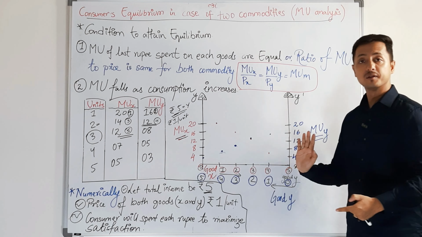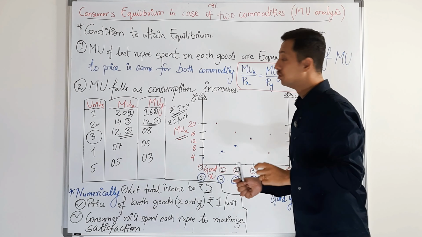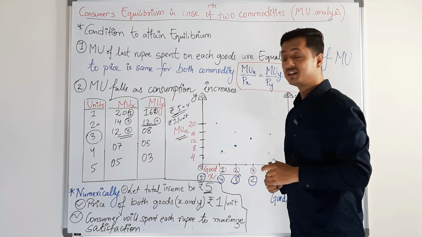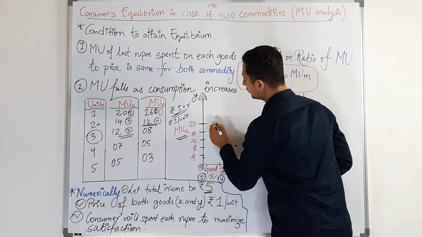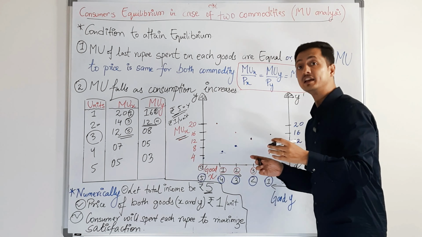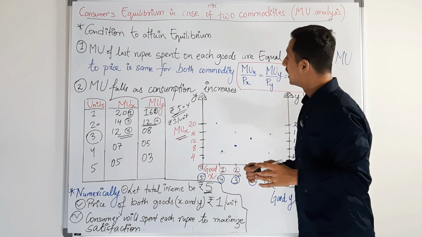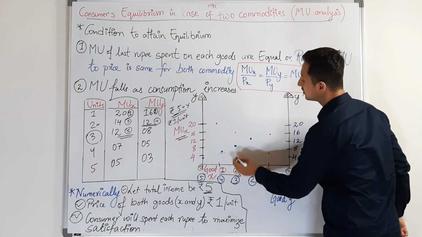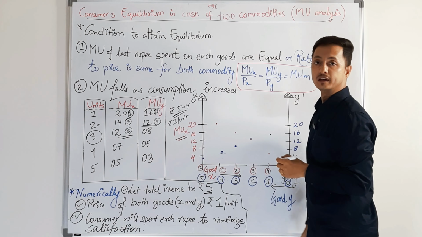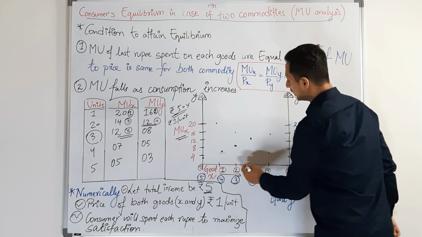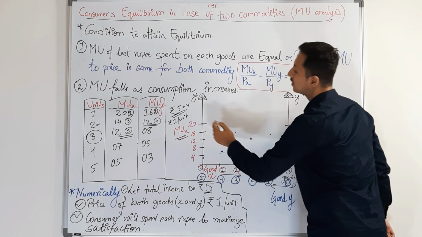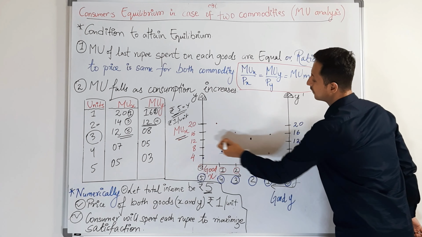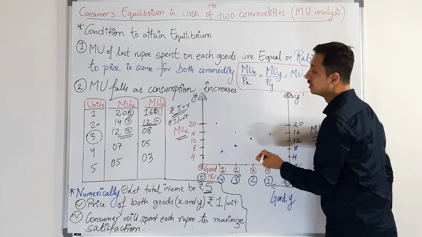When 1 unit is consumed, the consumer is deriving 20 units of satisfaction, 20 utility. Consuming the second unit, the consumer is deriving 14. Likewise, the third unit, the consumer is deriving 12 level of satisfaction, marginal utility, sorry.